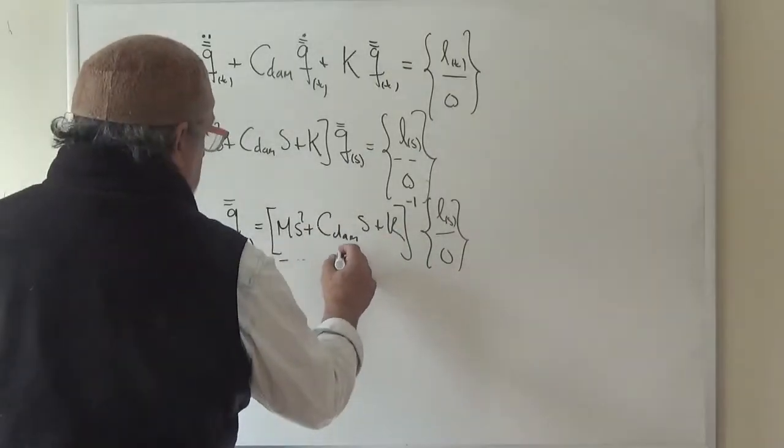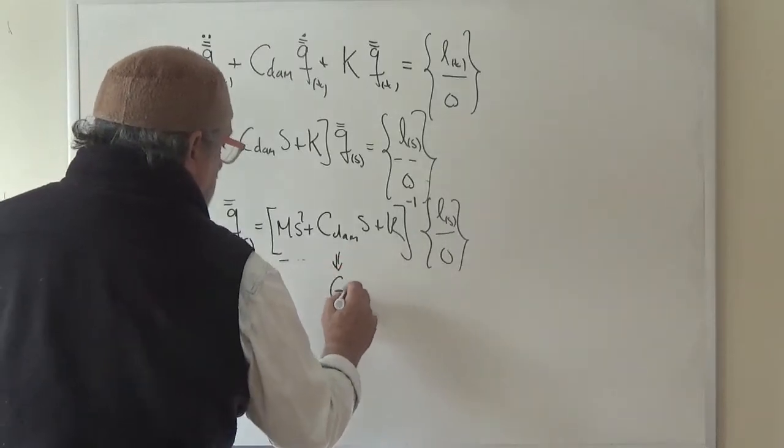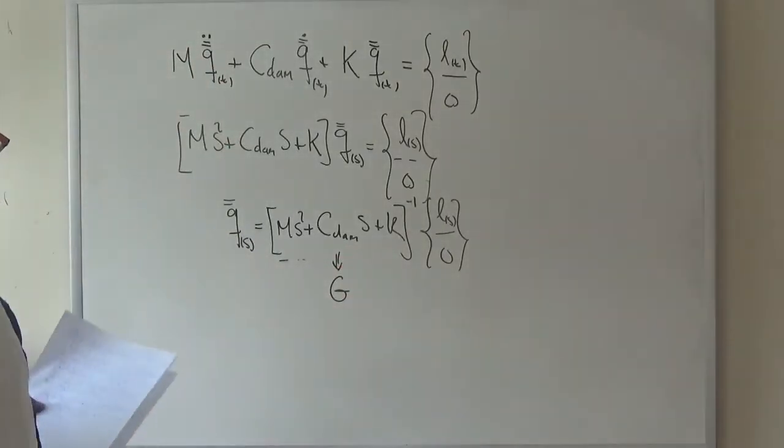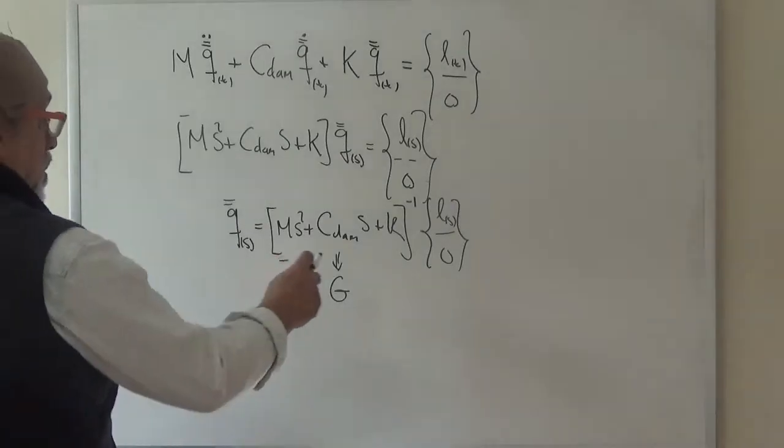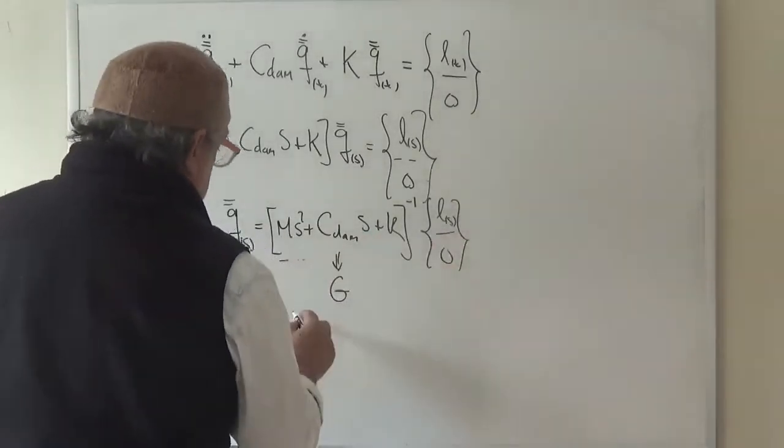I've been calling it Tm, but let's just call it G for shorter. So we can write this, and I'm going to put that on the right side.